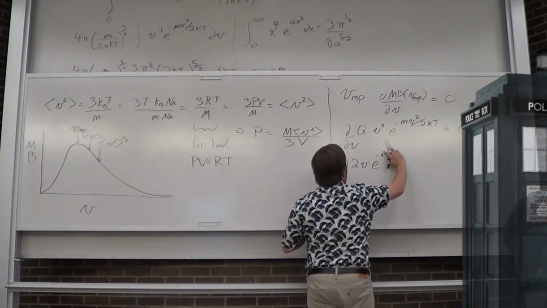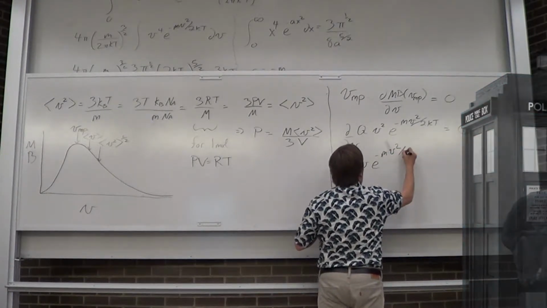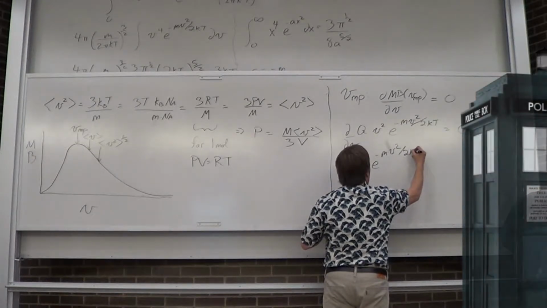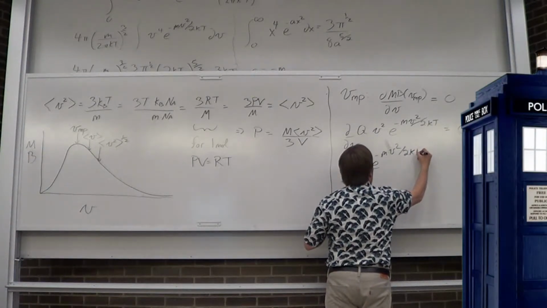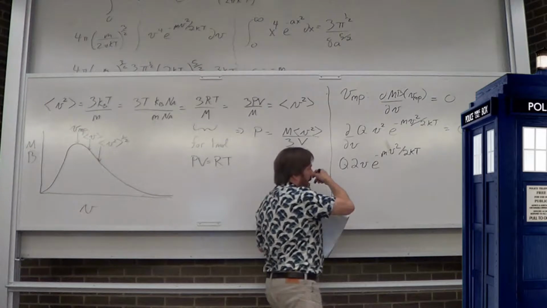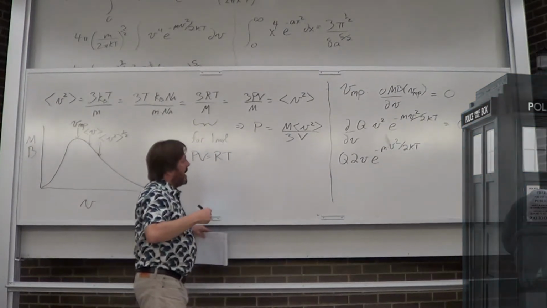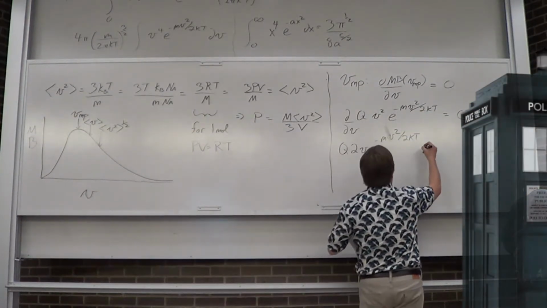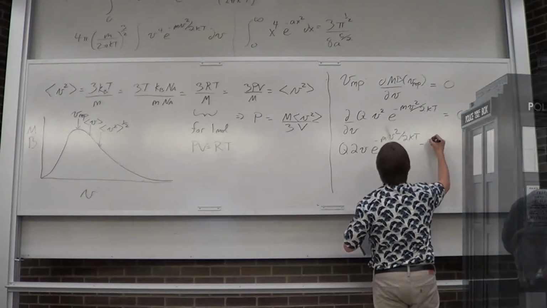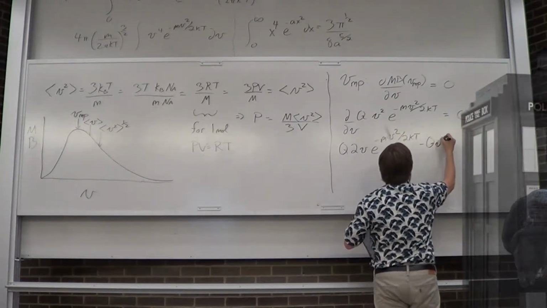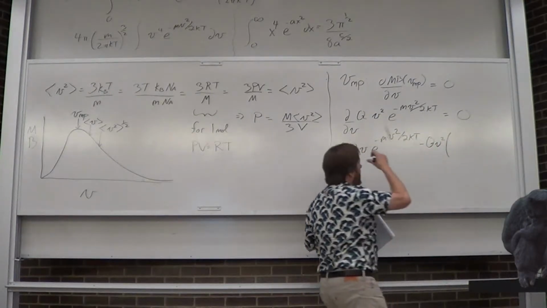I'm still not writing mp on the velocity, so I'm already screwing up what I told you to do. Then you do the opposite: you leave the other one alone, and you do the derivative of the other one.